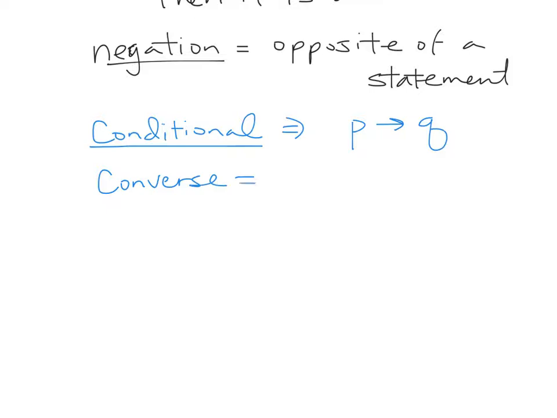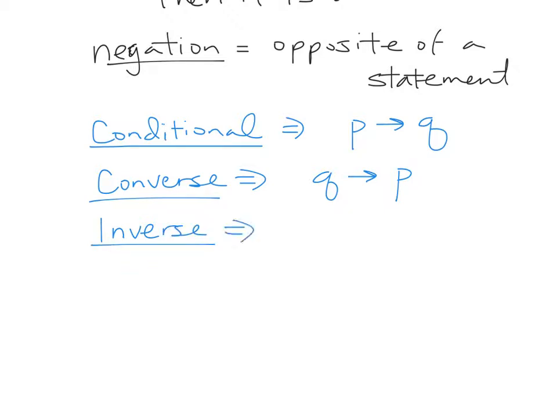The converse would be if Q, then P, okay? We're going to talk about 2 more. One of them is called the inverse. An inverse takes the conditional and it takes the negation of both parts. What was a negation? Saying the opposite, okay?